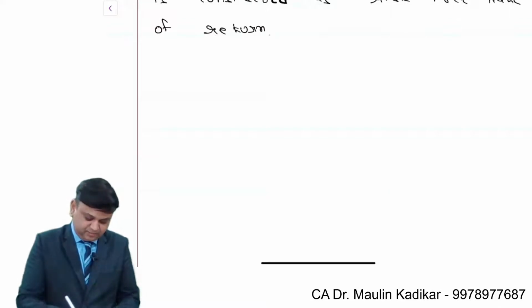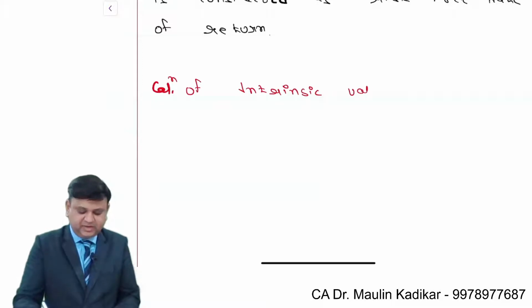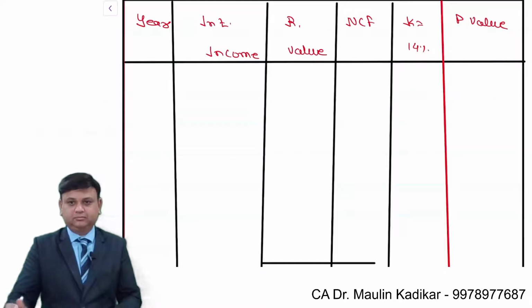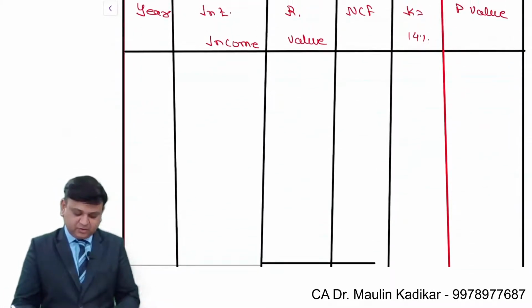Heading, write down: calculation of intrinsic value of bond. Full stop. Try to do the answer on your own, then I will do the working for you. So let us see how to make the calculation.